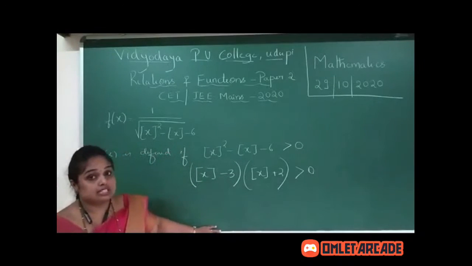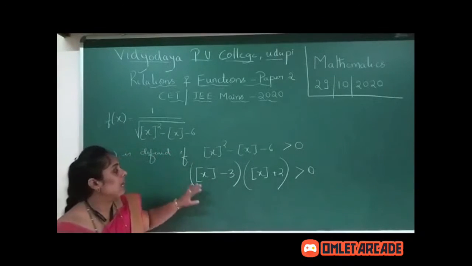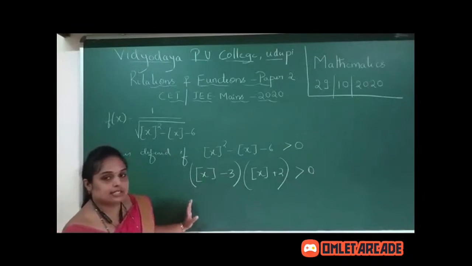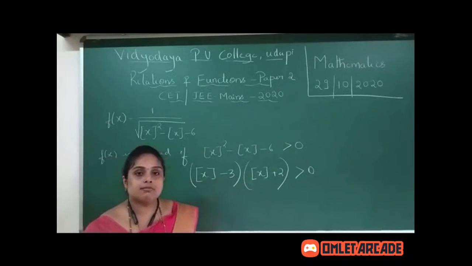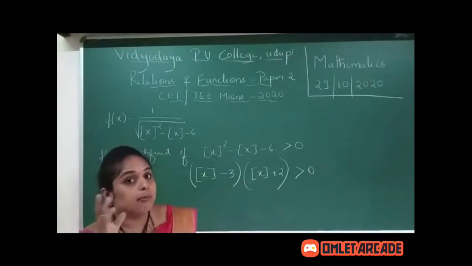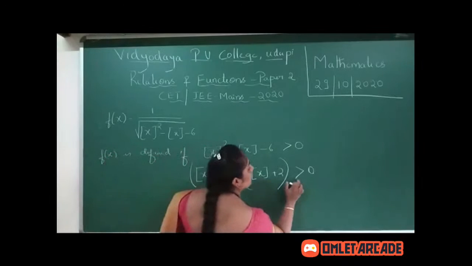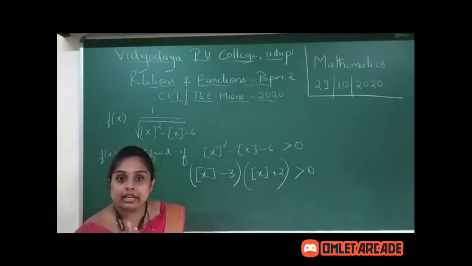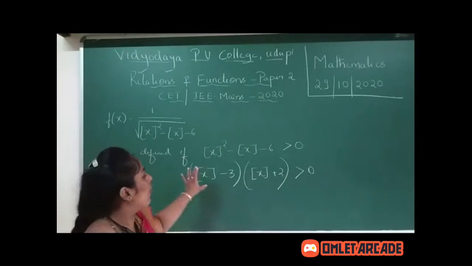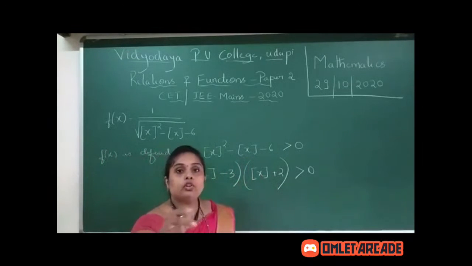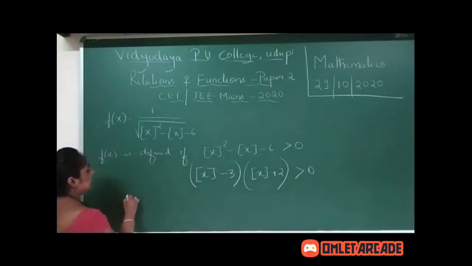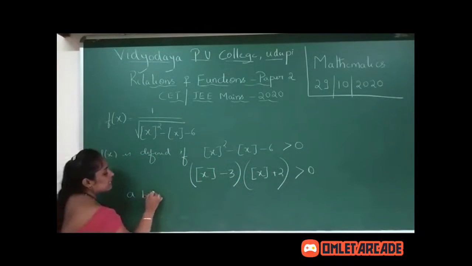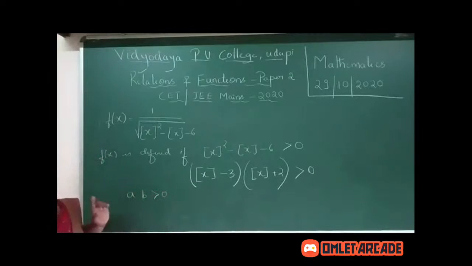Now let us solve. If it is 0, no problem, you know what to do: greatest integer x is 3, greatest integer x is minus 2. You can easily write that. But look here, I have greater than 0. So when can I say the product of two terms is positive? When can I say A into B is greater than 0?